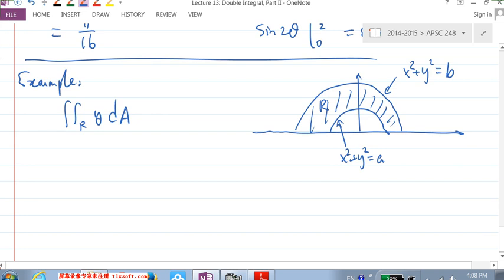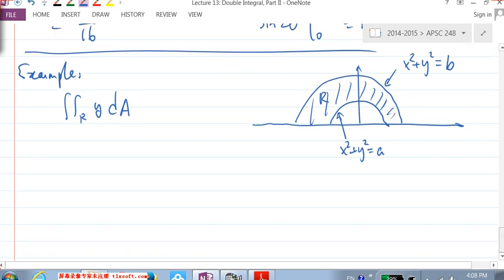And apparently, you will have a difficult time if you integrate this using Cartesian coordinates. So let's convert that into polar. Same thing: put down the double integral here, and y is changed to r sine theta, and dA is r dr d theta. That's as much as you can do very easily.